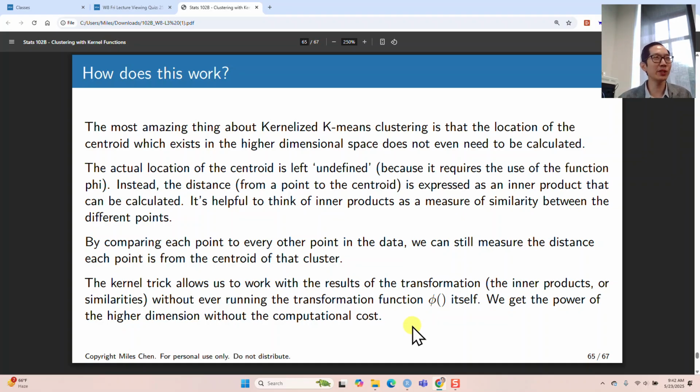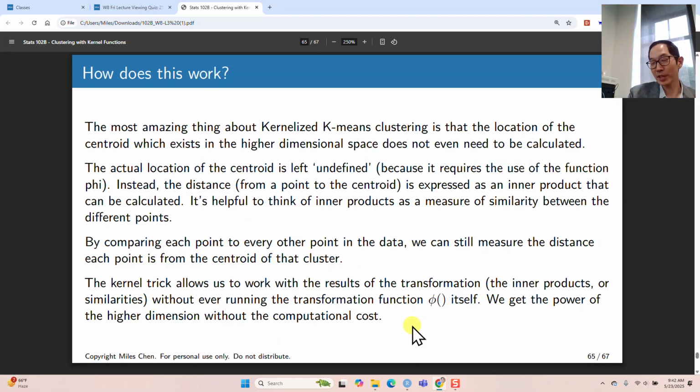Again, it feels very strange being able to calculate your distance even if you don't know the actual location of the other centroid. But it's because we do have every other point in our data, and based on our current assignments, we can say all of these points belong to this cluster and all of these points belong to this cluster. Because I'm able to compare this point to every other point in that cluster, we can say, all right, this is how similar we are to that cluster.